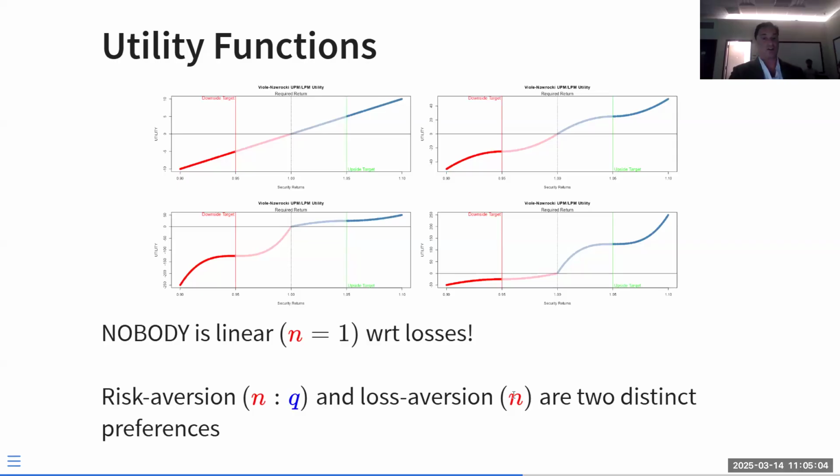And loss aversion is separate from this ratio. So you can be loss averse in the bottom right here while gain seeking. And you could actually be risk seeking while maintaining this loss aversion. So you could see what happens when you increase the degree to 2 for both of them.